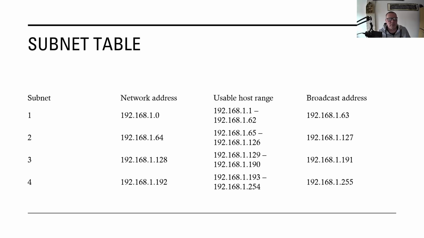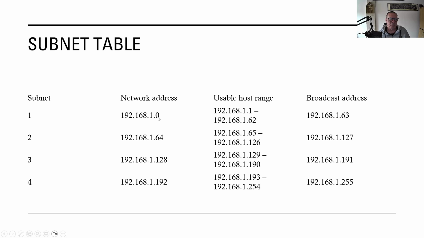So you might see something like this, a subnet table. We've divided our network into 4 subnets. This is the network address, i.e. the beginning of that block of addresses. This is the range of values we can have. So this is the 0, 1.